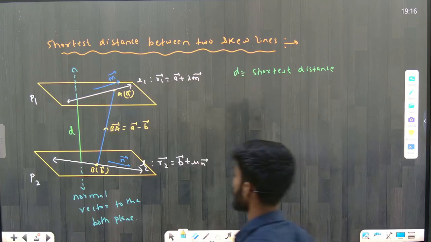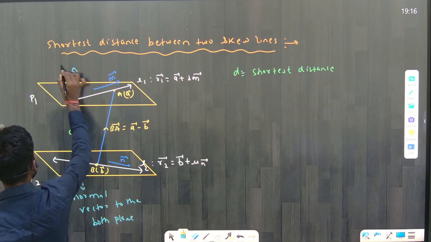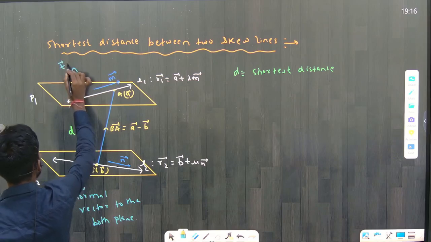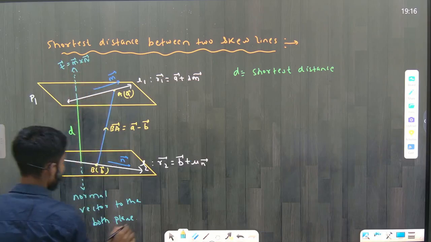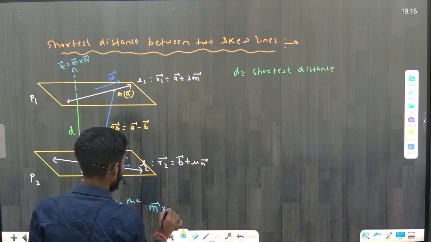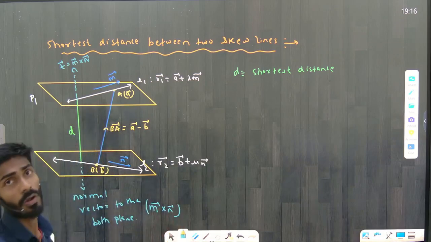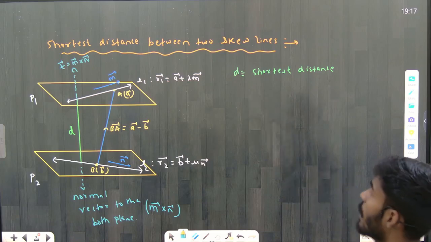Just take the cross product of m cross n. Suppose that this is the t vector, this is m cross n. If we take a cross product of m and n, then we will find the normal vector to the lines and planes.